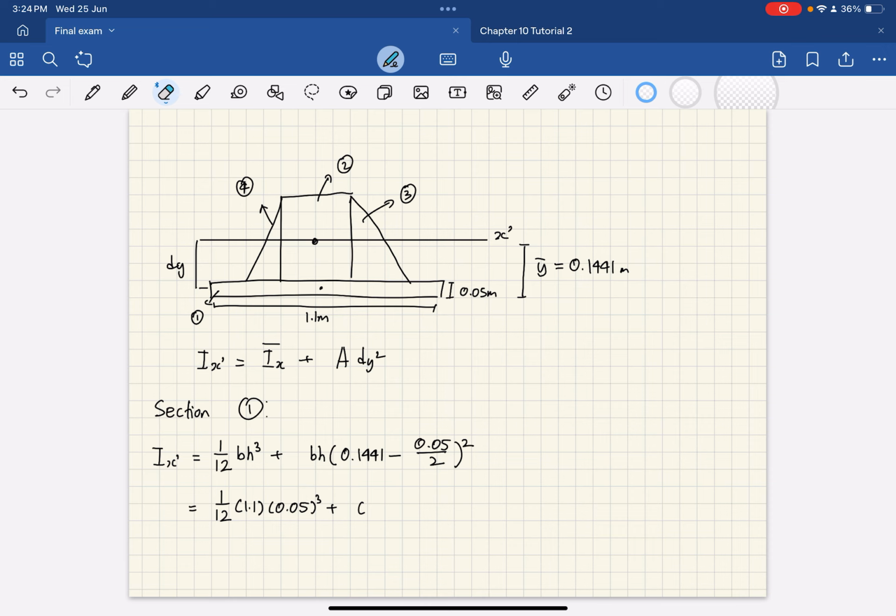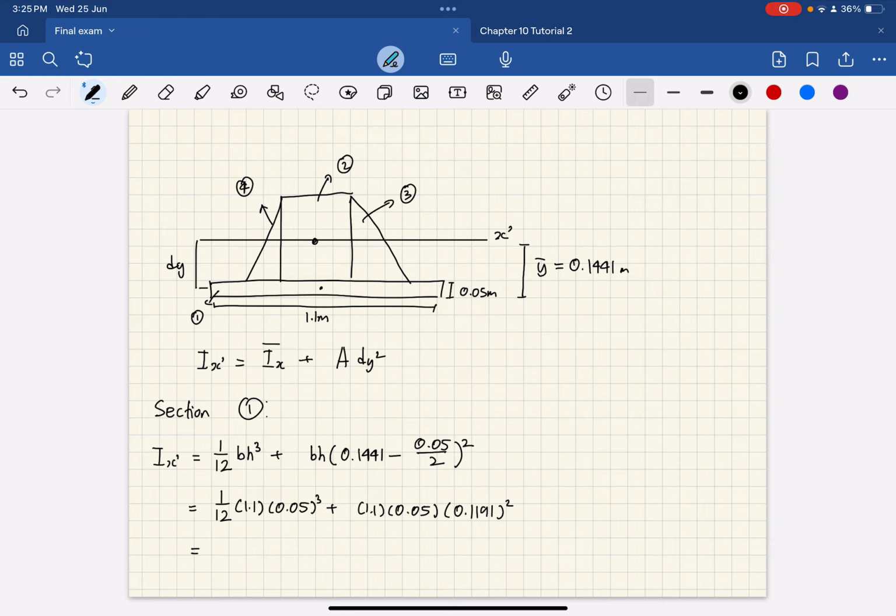BH is 1.1 times 0.05, and this one you can calculate: 0.1441 minus 0.05 over 2, which is 0.1191, squared. So 1 over 12 times 1.1 times 0.05 cubed plus 1.1 times 0.05 times 0.1191 squared.